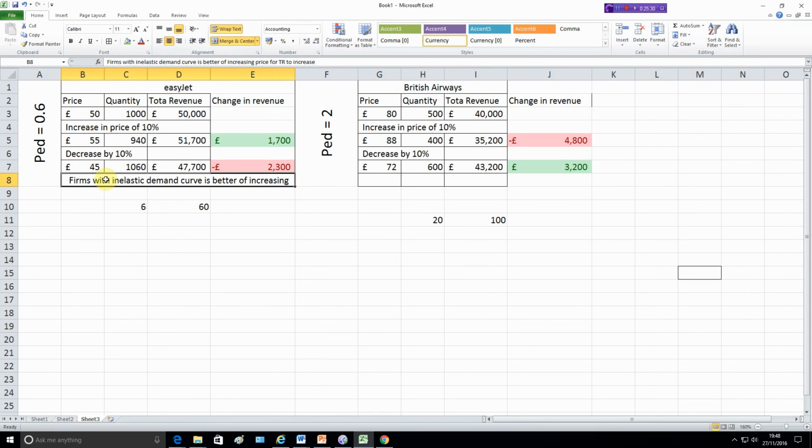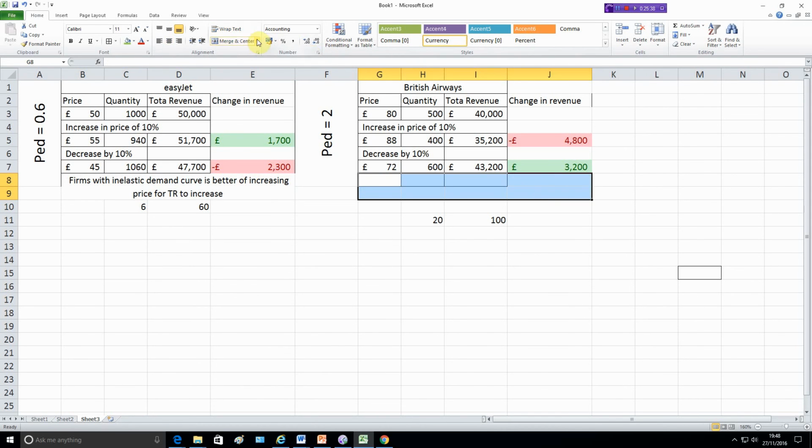On the other hand, firms with an elastic curve like British Airways, should they increase price or decrease price to increase their revenue?